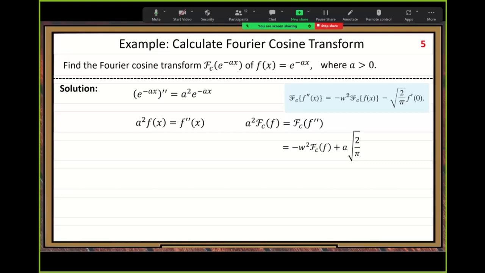This equation is about the same function, so we can solve for this function. The function expression is like that. So the Fourier cosine transform of f is this one.